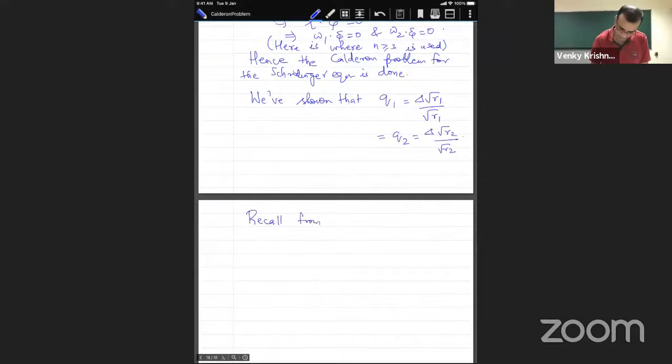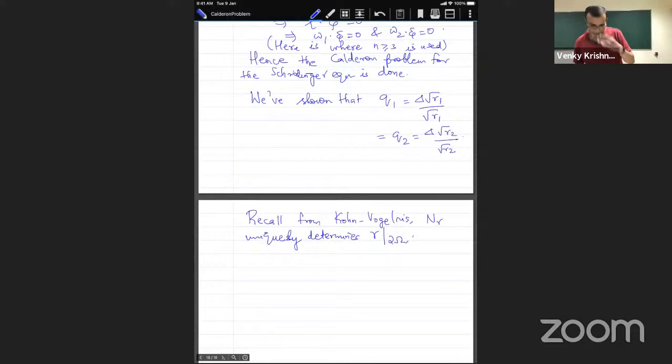From Cohn-Vogelius or by Sylvester and Uhlmann, that N gamma uniquely determines gamma at the boundary. Okay, so therefore, because N gamma 1 is equal to N gamma 2, we have shown N gamma 1 equal to N gamma 2 implies Q1 is equal to Q2.